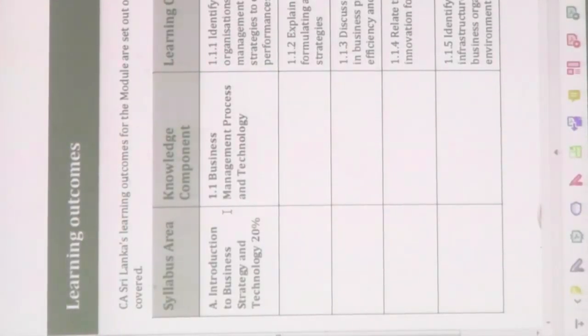What is a learning outcome? After completion of this syllabus, from each chapter you have to understand some knowledge. The teacher will give some knowledge, you have to read some content, and you have to understand.